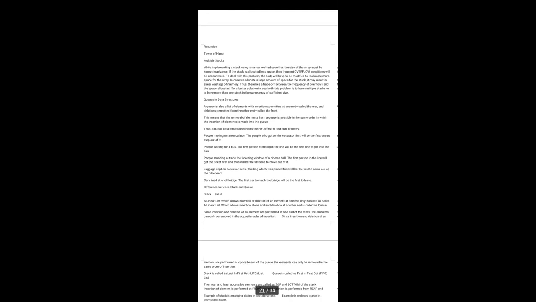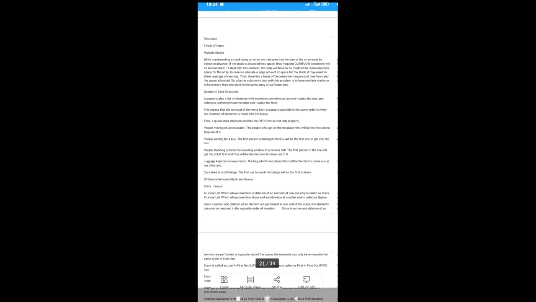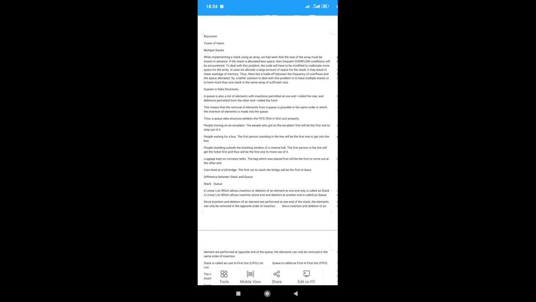But in your stack, operation can be carried out in two directions, which is your LIFO or your FIFO. LIFO means last in, first out, and FIFO means first in, first out.